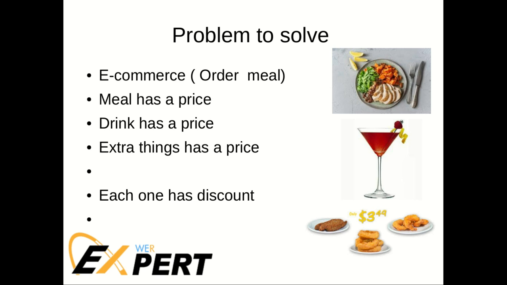Then when we add a drink to the meal, if the drink also implements the order object, we can add its price to the list in the meal, and the price will be added to the price. So we can achieve the open and closed principle.